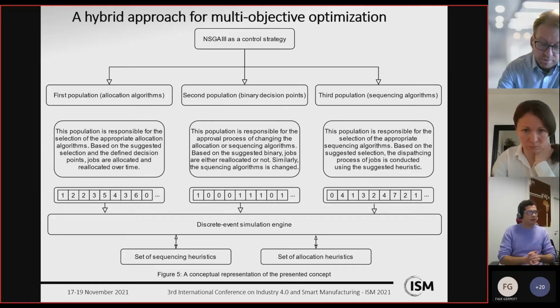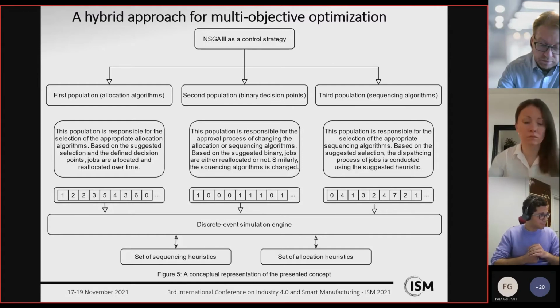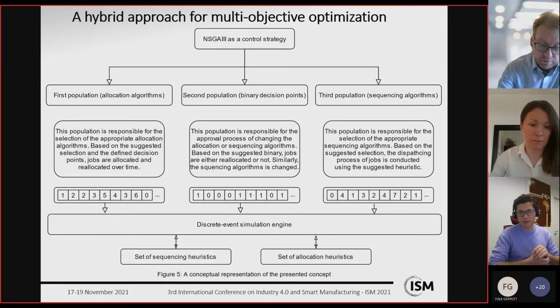Exactly. And here comes the design. We relied on the NSGA-III as a control strategy to design our solution technique. We encoded a multi-population solution, in which the first population is responsible for selecting different allocation algorithms over time.